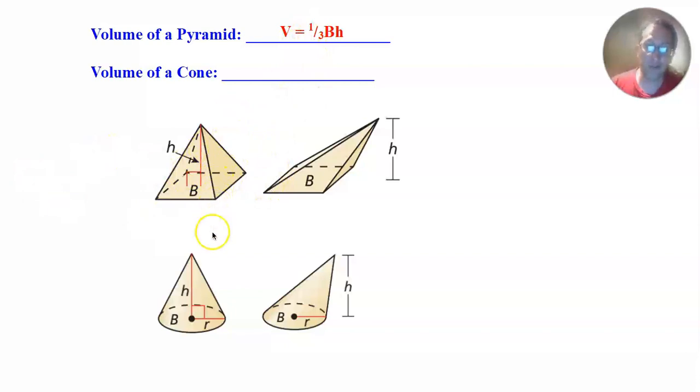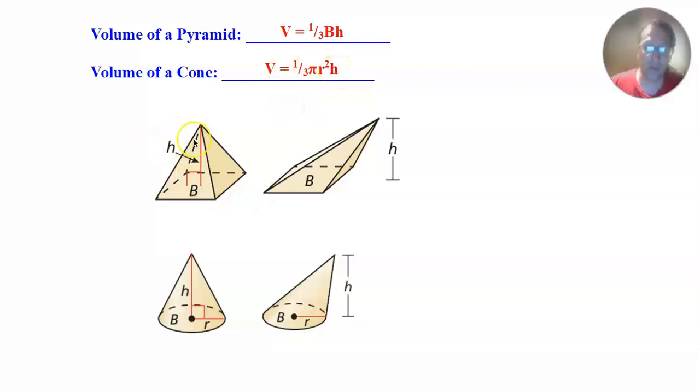Now for a cone, since a cone is really nothing more than a circular pyramid, we're going to have the exact same formula, except for the cone, the area of the base is always going to be a circle, so that's always pi r squared, and so we end up with 1/3 pi r squared times the height.